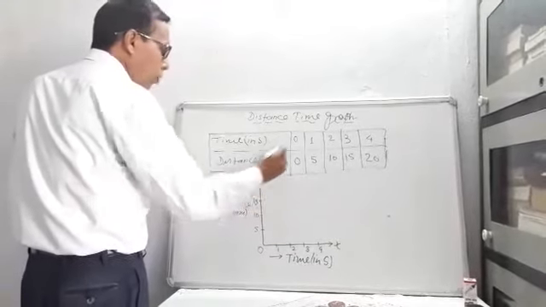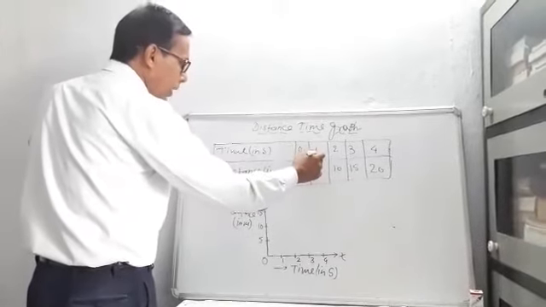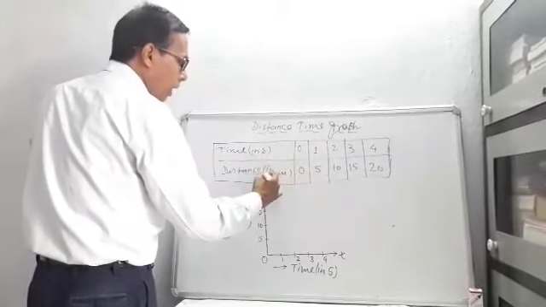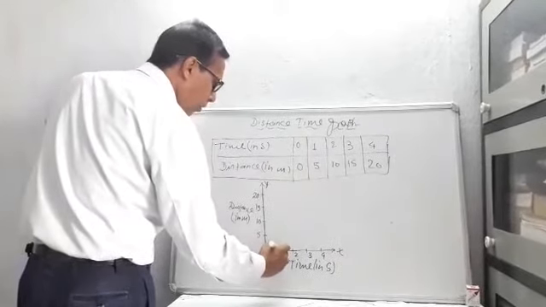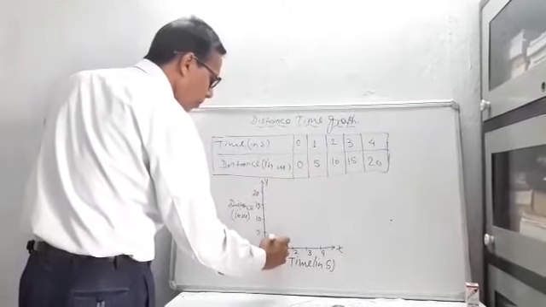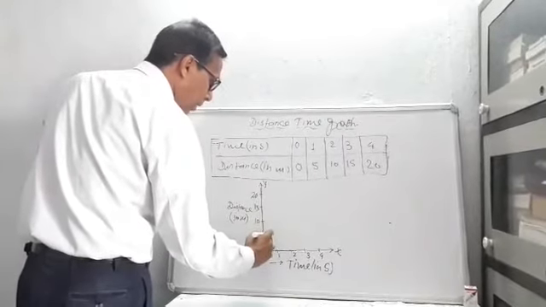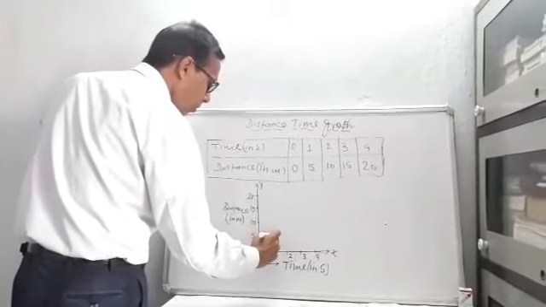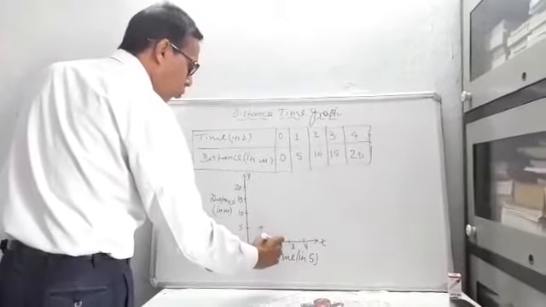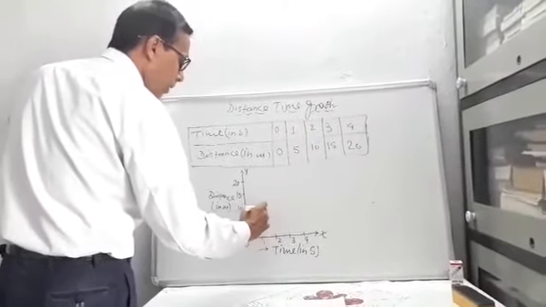Now we see this table, 0 to 0. In 1 second the body travels 5 meter, so you move along the vertical and from here distance is 5 meter. Again in 2 seconds the body travels 10 meter.